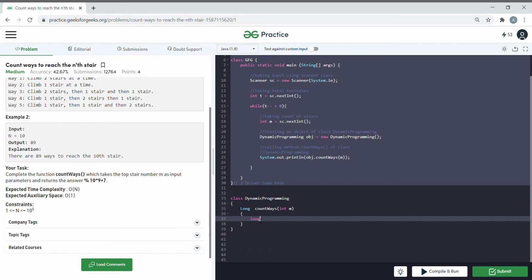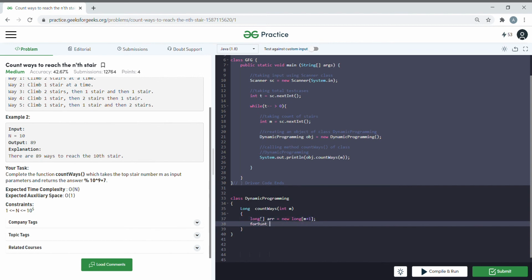So firstly we'll create an array named arr with the size of m plus 1, and then we'll run a for loop for int i equals 0, i less than or equal to m, i plus plus. In case i is less than 2, it is a bit different, similar to but not the way Fibonacci works.